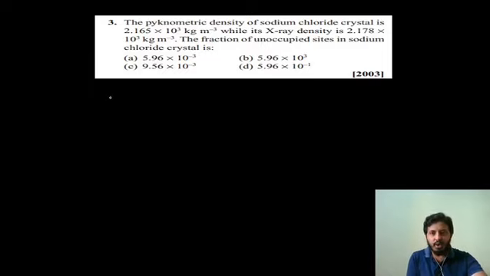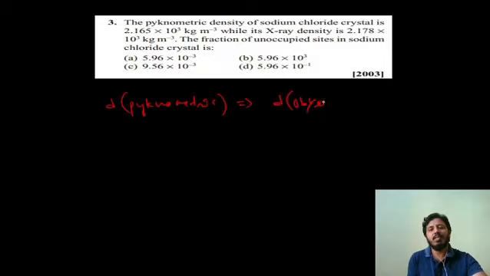They have given two different types of density. Students, what is meant by picnometric density? Picnometric density is nothing but observed density. They have given its value as 2.165 into 10 power 3 kg per meter cube.